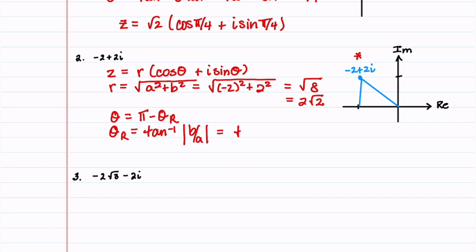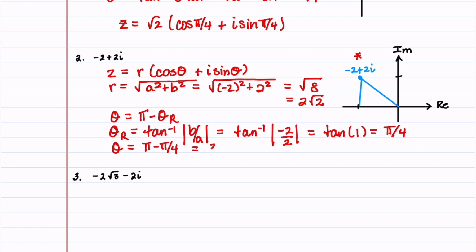This is inverse tan of the absolute value of minus 2 over 2. So this is inverse tan of 1, which is again pi over 4. Our theta is then pi minus pi over 4, which is 3 pi over 4.